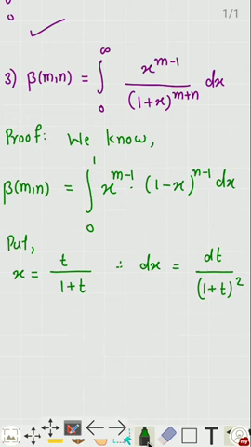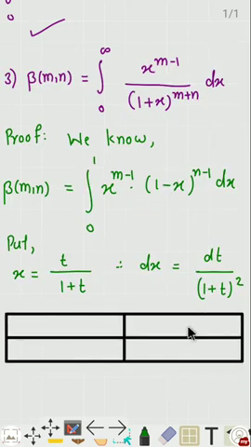So due to this substitution we have a new variable, and the limits of that new variable we write here. Our original variable is x and its limits are from 0 to 1, and now the new variable is t.